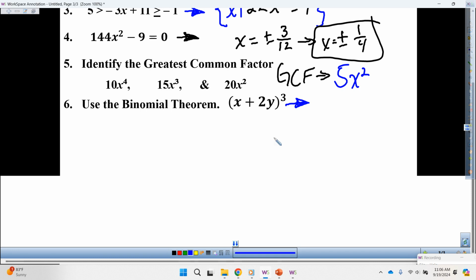Me? All right. What you get? Edwin, what you get for that one? X cubed plus 6 squared x squared y plus 12.